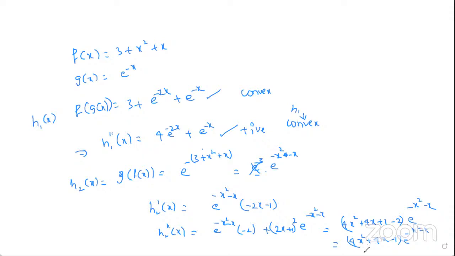And this is not positive for all values of x. You could see that when x equals 0, it is going to be negative. So h2 double dash of x is not always positive, which basically means that it is not a convex function. So h1 is convex, but h2 is not convex.